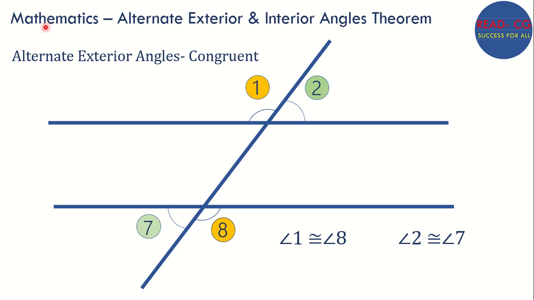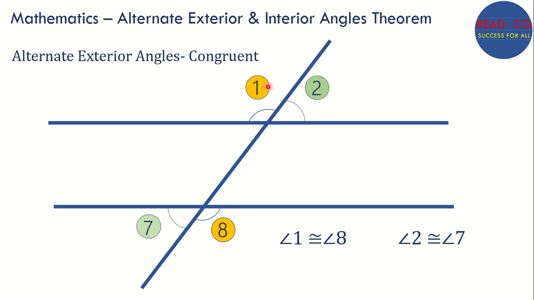Now here alternate exterior angles congruent. So here 1 and 2, these two angles are exterior angles. Similarly angle 7 and angle 8, these two angles are exterior angles.